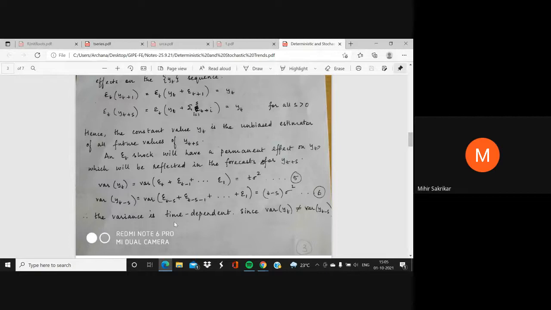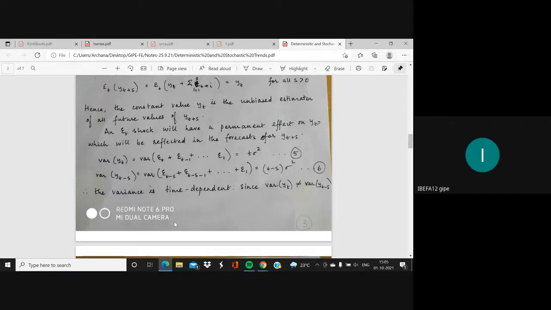Thank you. Okay, so coming back to this, suppose I had taken the variance of yt plus s. There I would have got the value of the variance as (t plus s) sigma square. So you can see that the variance is time dependent, since the variance of yt is not equal to the variance of yt minus s, and again it will not be equal to the variance of yt plus s.